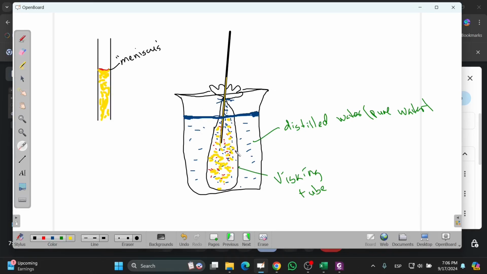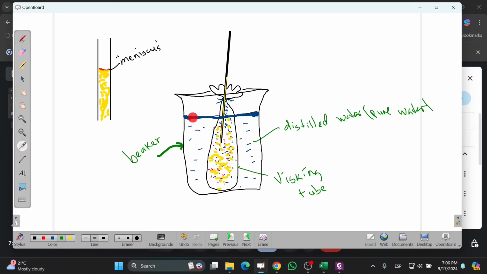And the other thing, guys, is that water from the beaker, this container is called a beaker, would have entered the Visking tube.